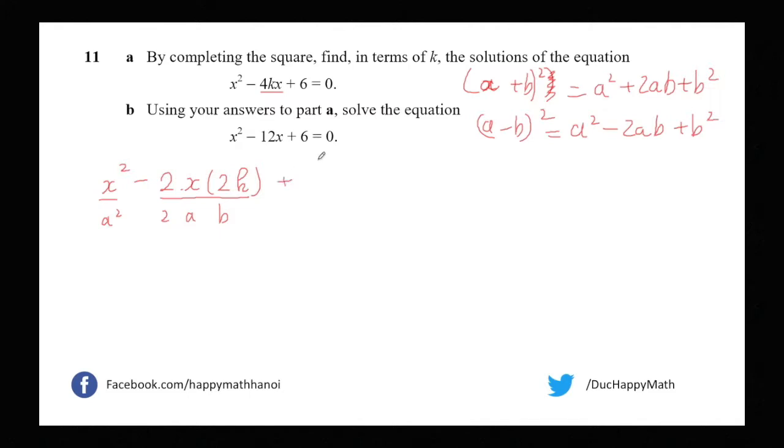And then after that, you will get b squared will be equal to 4k squared. And k squared here, you take to minus 4k squared and plus 6 equal to 0. So the first three terms of this expression will be h minus 2k squared, plus 6 minus 4k squared, equal to 0.